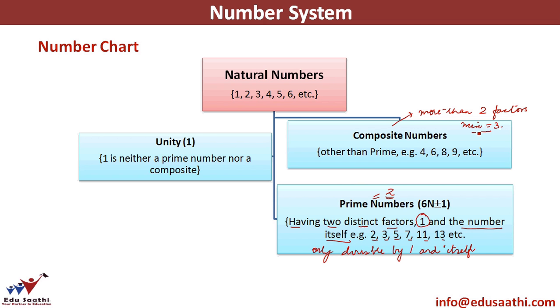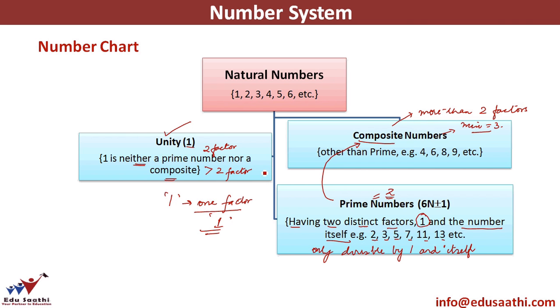A number which is not a prime number generally is a composite number, with an exception of unity. 1 is neither prime nor composite, because for prime you need to have 2 factors and for composite you need to have more than 2 factors, and the number 1 has only one factor, which is 1. So it is neither prime nor composite.